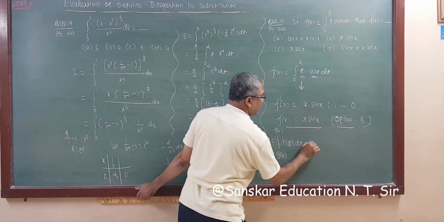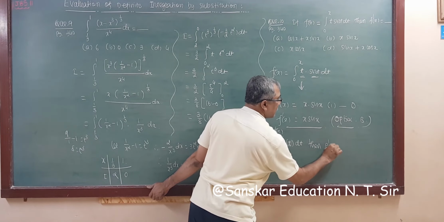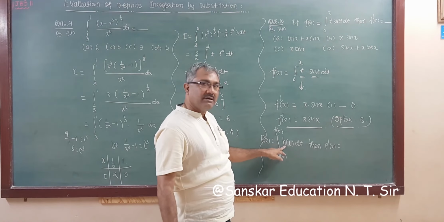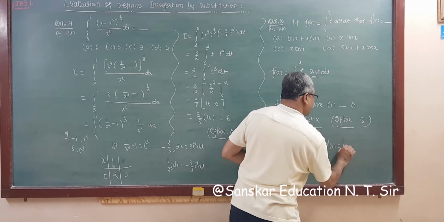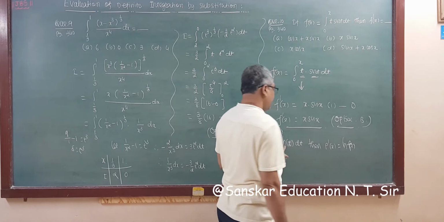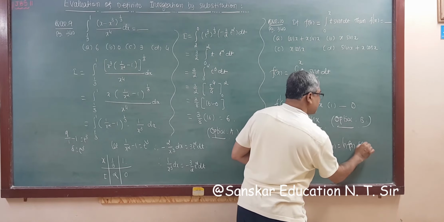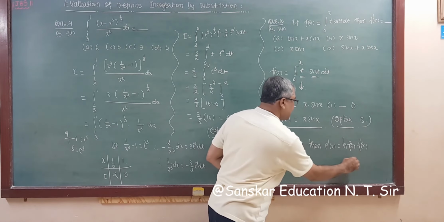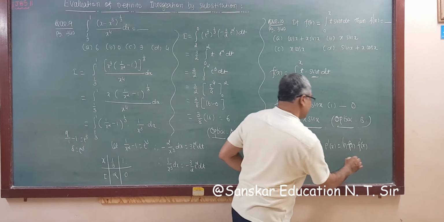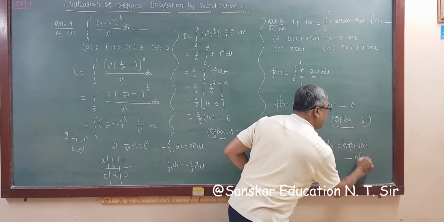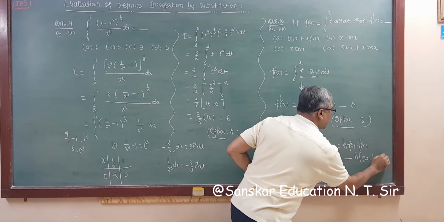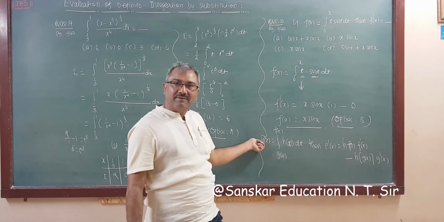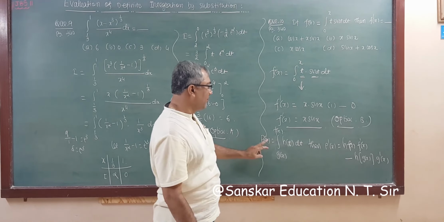Then p dash x is equal to, first you have to substitute the upper limit, that is h of f of x, into f dash x, the derivative of this, minus the lower limit. Lower limit is g(x), so h of g(x) into the derivative of the lower limit g dash x. So this is the derivative of definite integration. The formula is this.